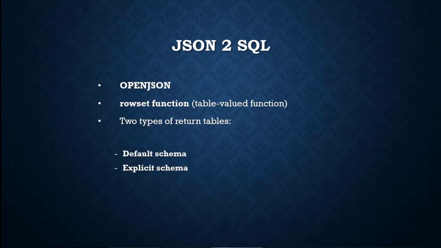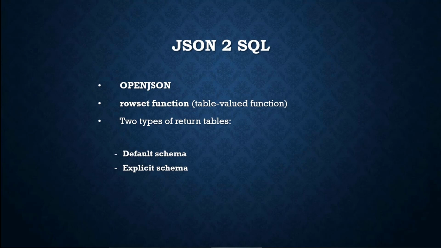Secondly, we can also convert JSON objects in SQL. And for that, you can use the OpenJSON command. It actually returns a normal table that can be used, of course. And depending on the usage, it can return data in two possible ways.